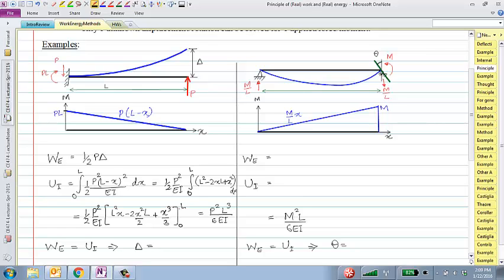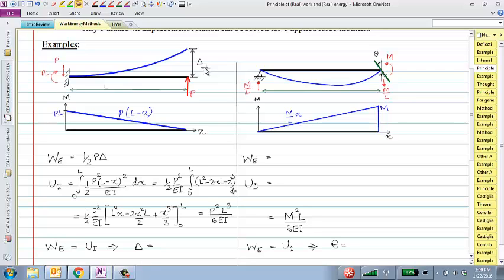Okay. What should I do now? I want to find this delta. Just equate the external work WE to the internal energy stored in the beam.